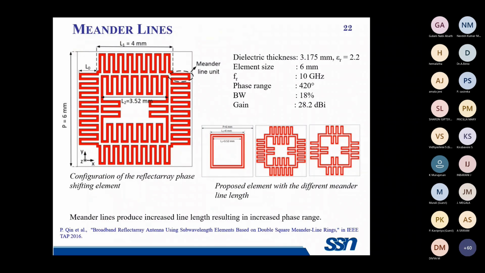This is one example of such a true time delay line, which is compactly placed so that you can have increased electrical length by having such a structure, which we call meander lines. This paper provides a good discussion about the usage of meander lines.